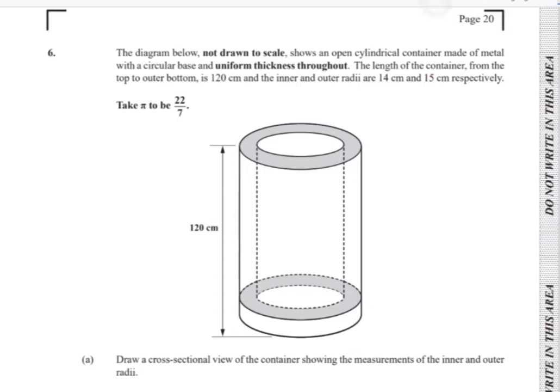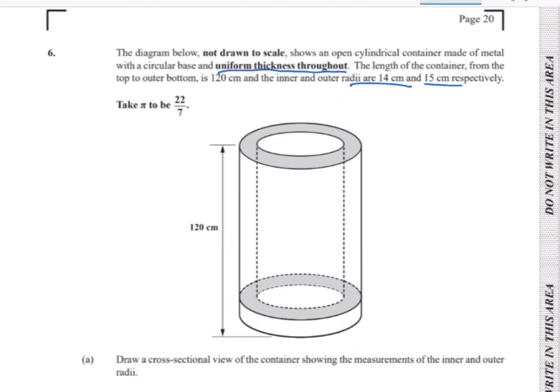So far, they have given us a bit of information. They mentioned two radii. One is 14 centimeters and the other is 15 centimeters. They mentioned that there is a uniform thickness throughout. That means right around the container, from the side coming right down to the bottom, there's a uniform thickness, and they highlighted it.